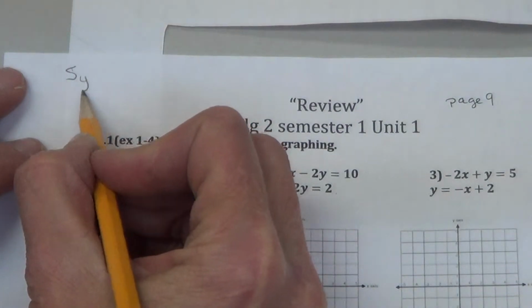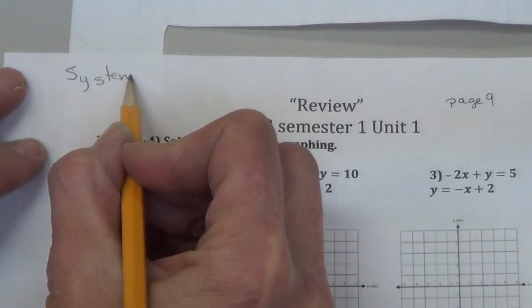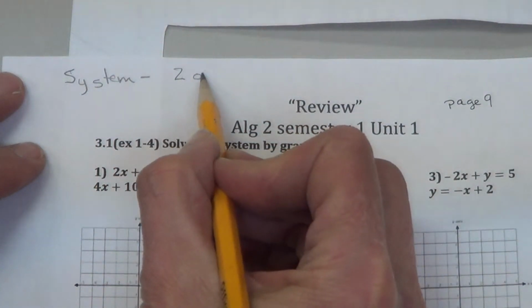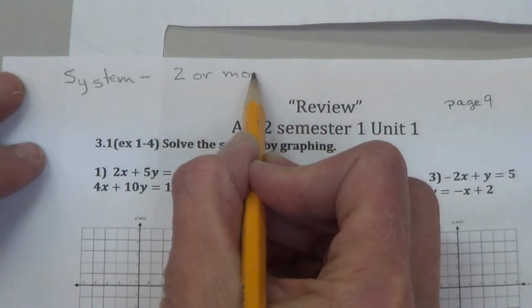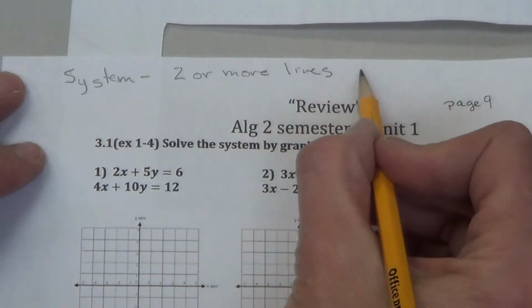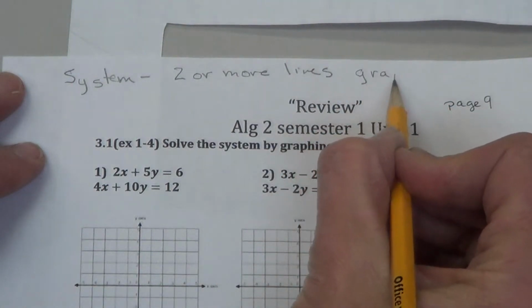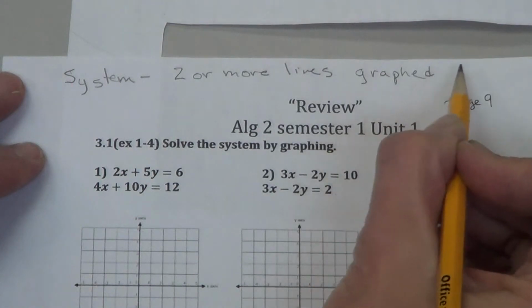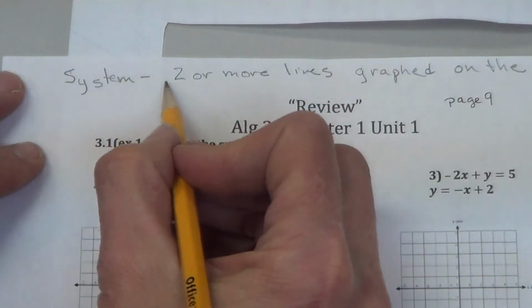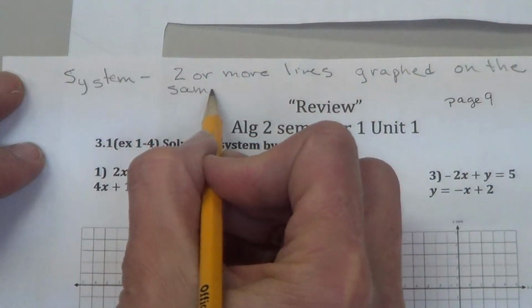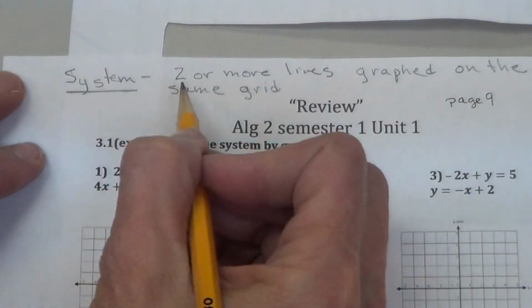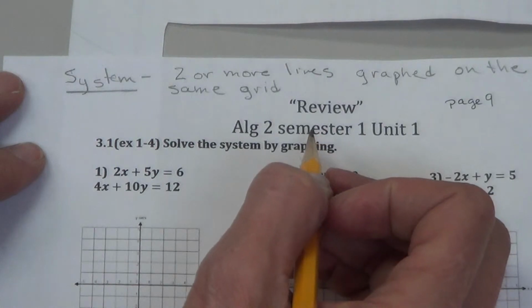A system is two or more lines graphed on the same grid. That's what a system is. So it's when we put two or more lines on one grid.